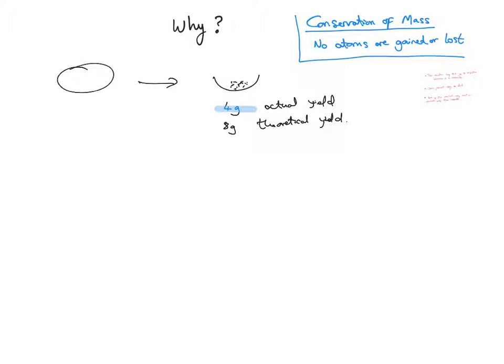Well, the first reason is our reactants may have not reacted in the way that they were supposed to. So they may have done a side reaction, reacted in a different way than was expected, and therefore they would use up some of the reactants, creating a different product, a product that we don't desire.